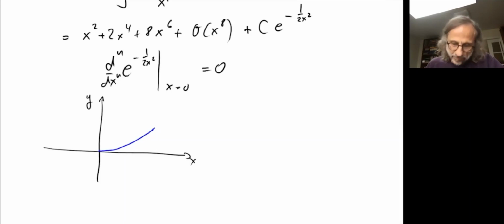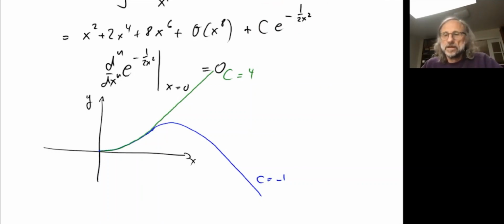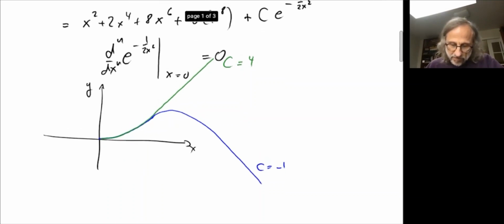The precise graph is actually in the notes, but you have a function like this, and for different values of c, this is maybe c equals minus 1, and if you take a different value for c, it looks indistinguishable from this curve here, and then it goes someplace else, this maybe c equals 4 or something like that. But in this regime for small x, the difference is extremely small. And it's extremely small, reflecting the fact that the Taylor expansion of this difference between them is identically 0 at the origin. And so that's why the center manifold is not unique.